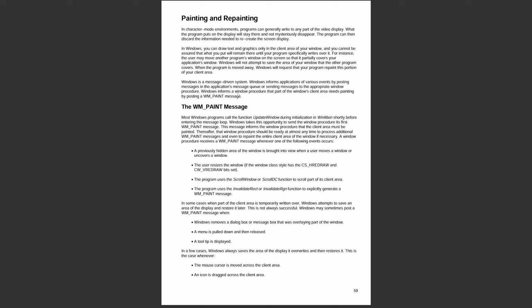Windows informs a window procedure that part of the window's client area needs painting by posting a WM_PAINT message. And we have here the WM_PAINT message. Most Windows programs call the function UpdateWindow during initialization in WinMain, shortly before entering the message loop.